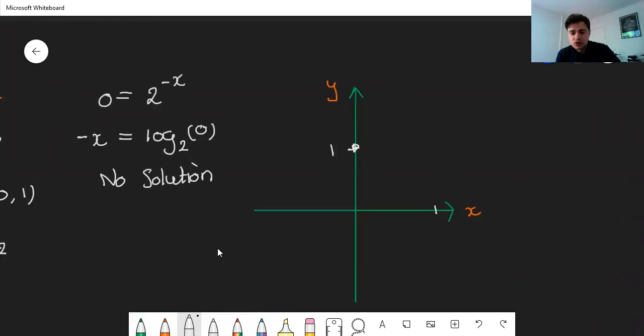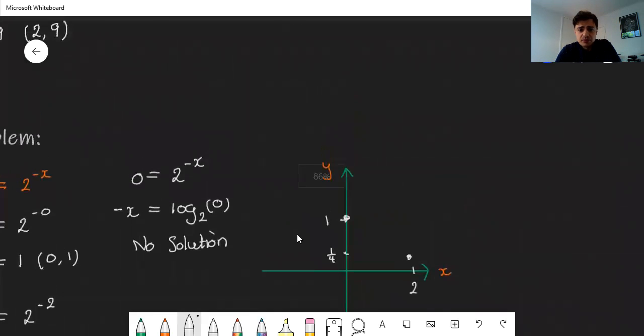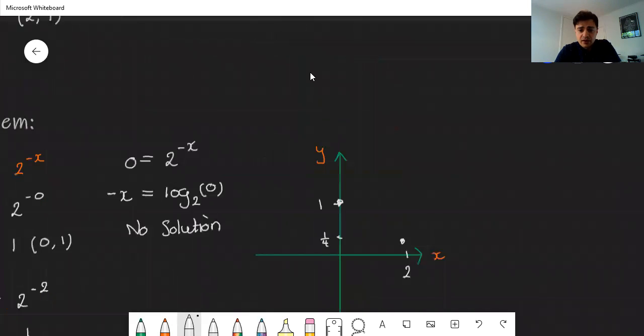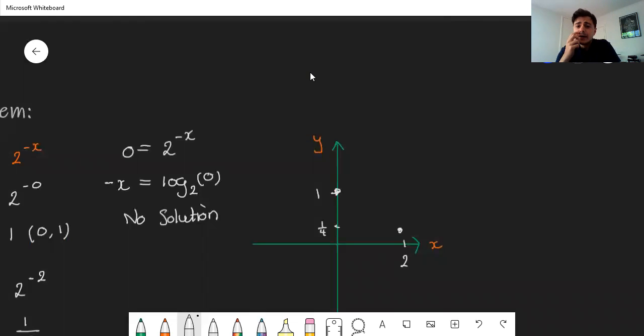I'll put x is equal to 2 there, and 1/4 is roughly here. So there'll be this coordinate and that coordinate. So the coordinates are in different positions from what we had last time. You can see that the shape was going in the opposite direction before. And this time it's on the other side.